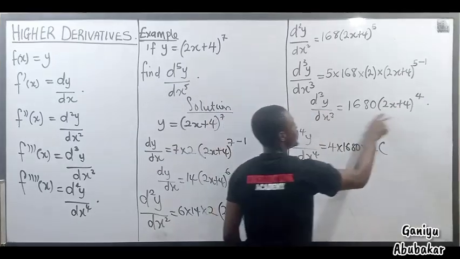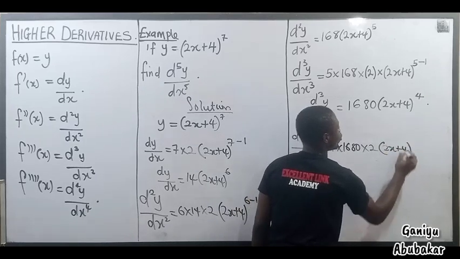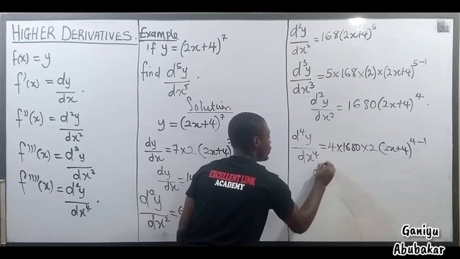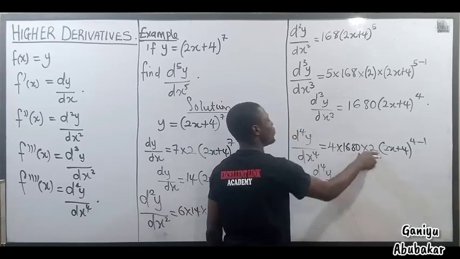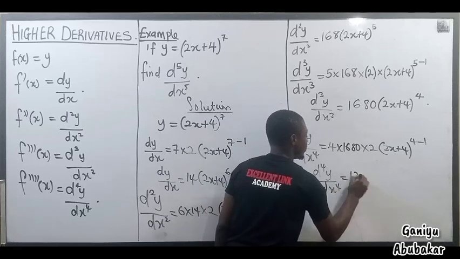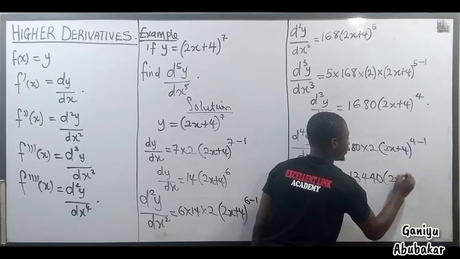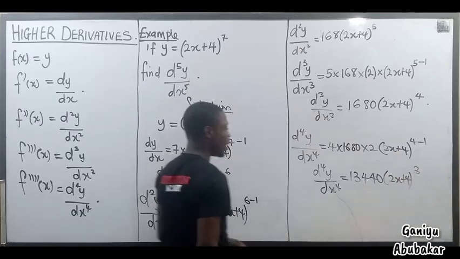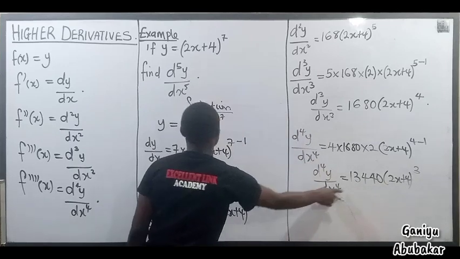I will have (2x + 4) all to the power 4 minus 1. Final answer, d⁴y/dx⁴ is equal to, multiply this, 13,440 into (2x + 4) to the power 3. This is my value for d⁴y/dx⁴.